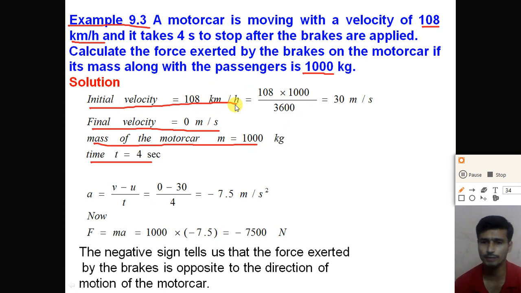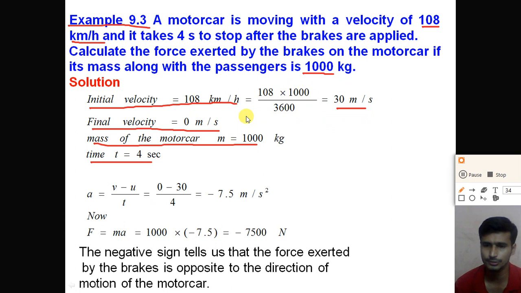So how do we convert kilometer per hour into meter per second? 108 km per hour is equal to 108 multiplied by 1000, because 1 kilometer is equal to 1000 meter, divided by 3600 second, because 1 hour is equal to 3600 second. If you calculate this, we get the answer 30 meter per second.